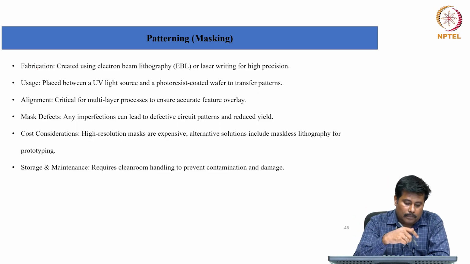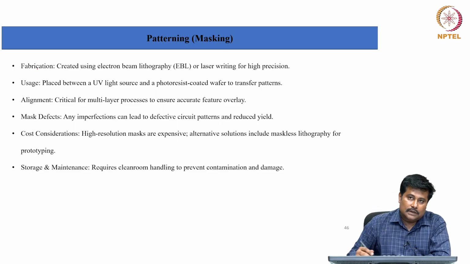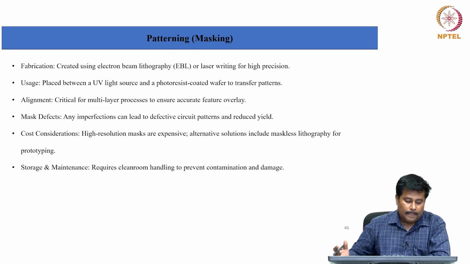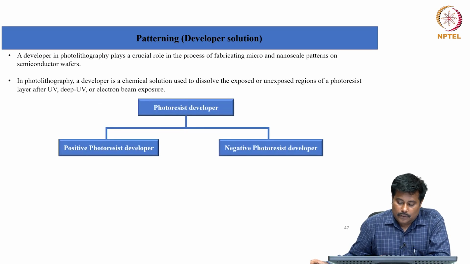When we talk about mask defects, any imperfection can lead to a defective circuit pattern, or it may also reduce the yield. As far as cost is concerned, high resolution masks are expensive. An alternative solution is maskless lithography for prototyping. For storage and maintenance, it requires a clean room to handle such a system. So, these are some of the things we may need to consider.